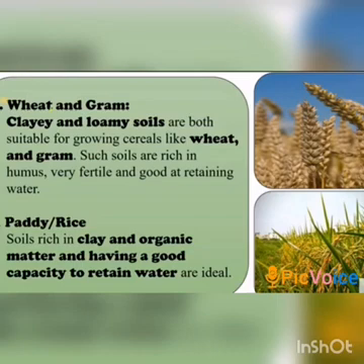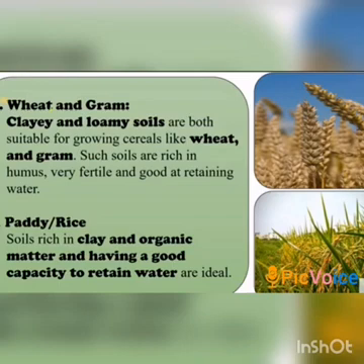What type of soil is apt for growing cereals like wheat and gram? Clayey and loamy soils are both suitable for growing cereals like wheat and gram.